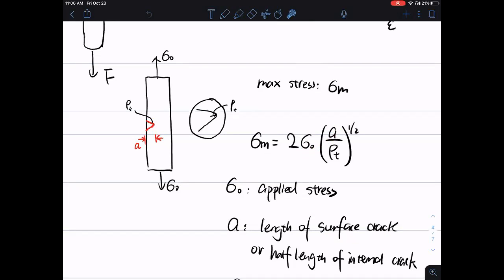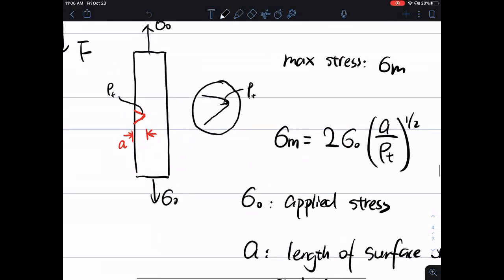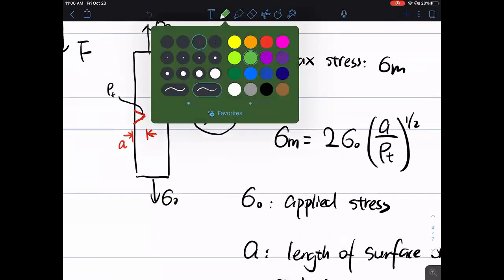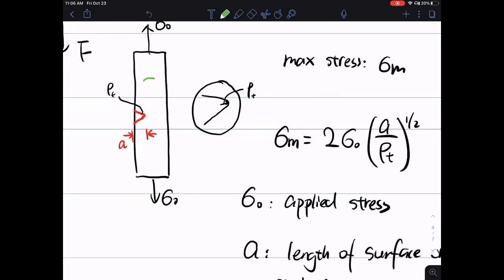So we have two different types of cracks. The one showing on this diagram here, it's a surface crack. So if that's a crack type, we're going to just use the length of that crack as the A for our equation. But we can have another type of crack, which is internal crack.